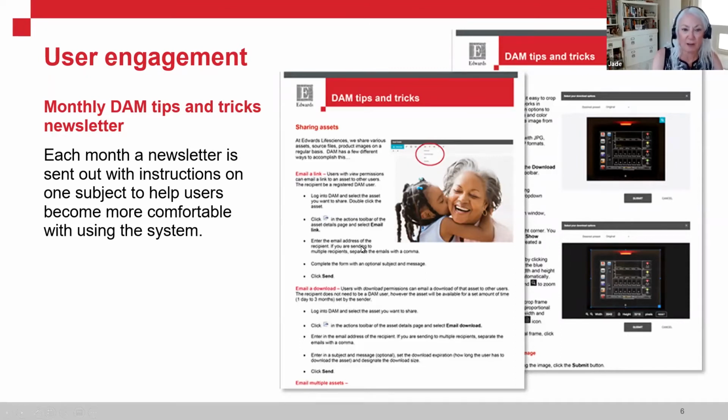So I have a variety of topics for each month of the year to send out, and once those are created, and since the DAM doesn't change that much, we have a few updates, and those are added into the newsletters. But for the most part, you just create a set of 12, and then you're good to go for the year, unless there's a drastic change or upgrade in the system. But this has been very helpful for our users and has gotten us more users.